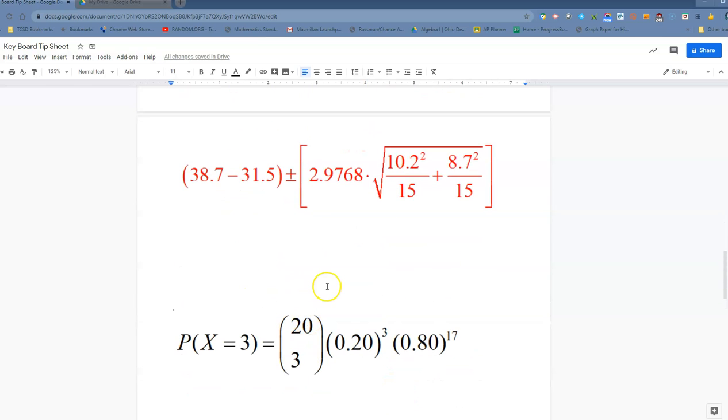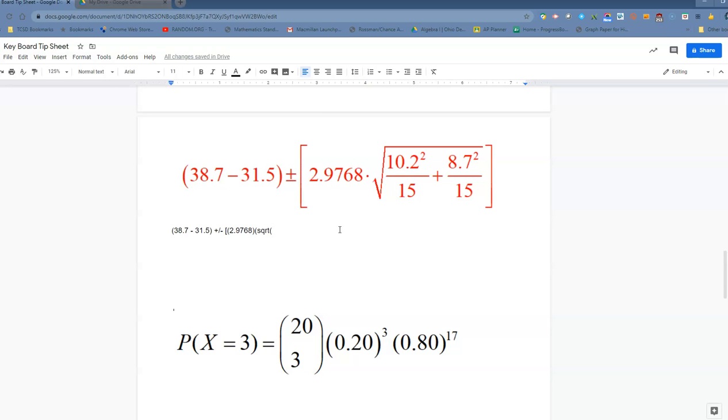Okay. There's another one you could do. I can go through this one real quick here. So we would do 38.7 minus 31.5 plus slash minus bracket, and then I'm going to do parentheses 2.9768, and then in parentheses here. Now this is going to be kind of ugly, but it works. So SQRT. Everything in the square root, just type it in, right?